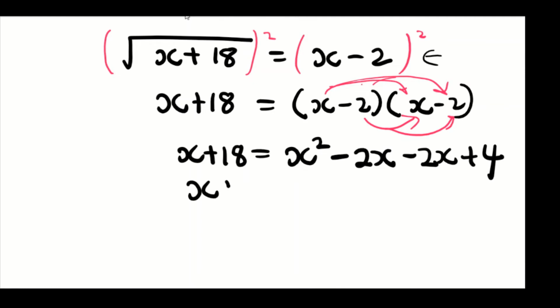So you're going to have x plus 18 being equal to x squared minus 4x plus 4.